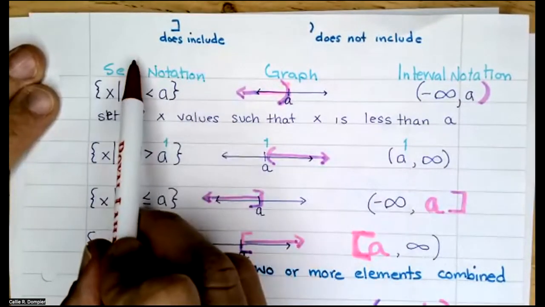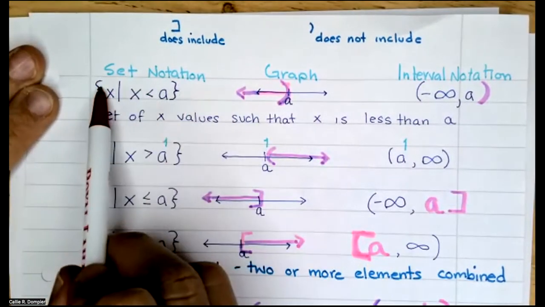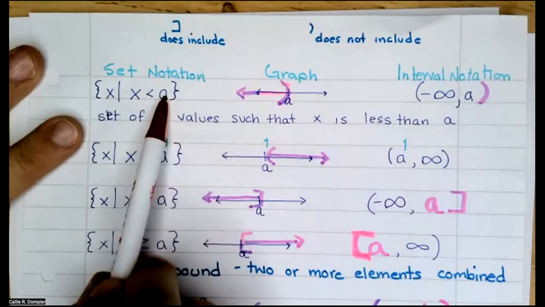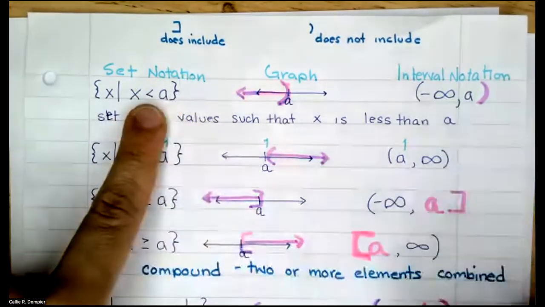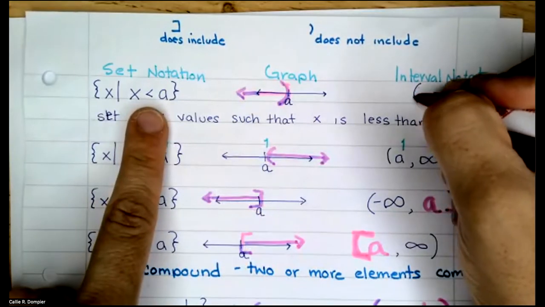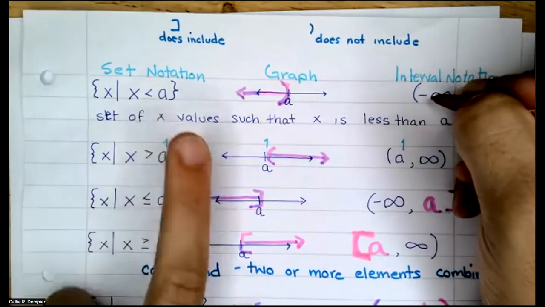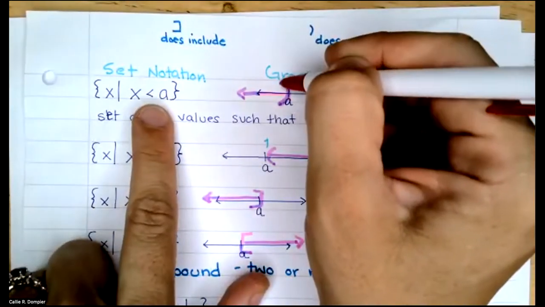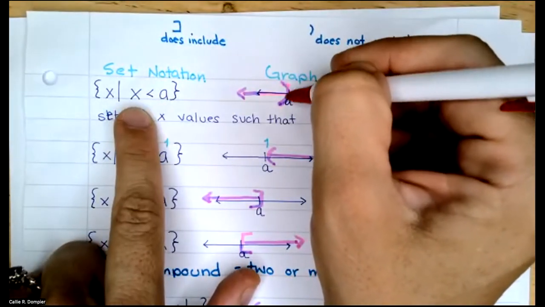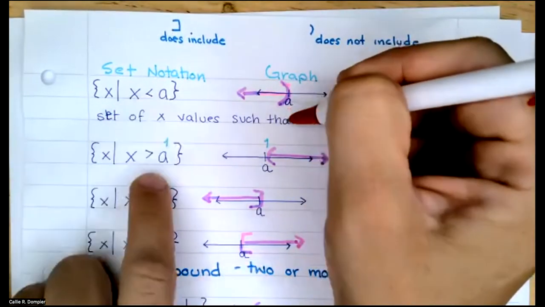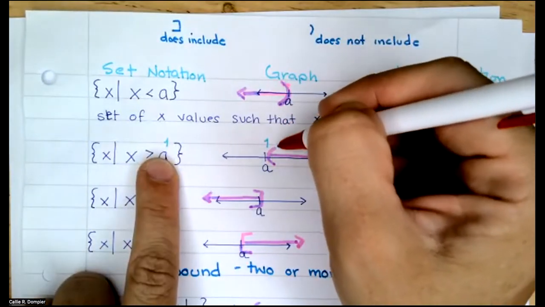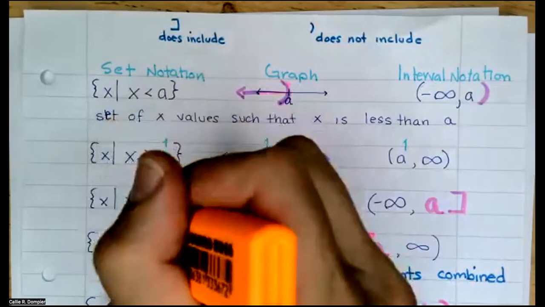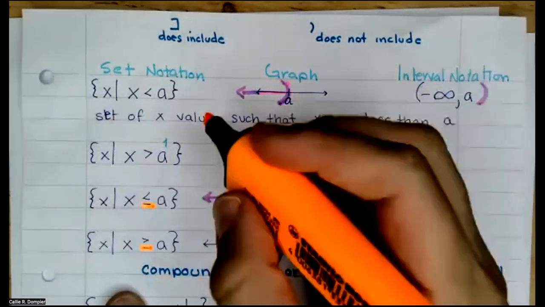Well, the list is not set notation, but it's the same brackets, x such that x is less than a. Good. Less than gives you a parentheses. Greater than, oh, sorry. Well, let's start at the graph. Less than gives you a parentheses. Greater than gives you a parentheses. If you have this or equal to, that's when you get the bracket.